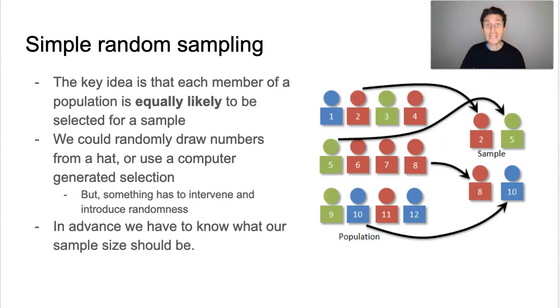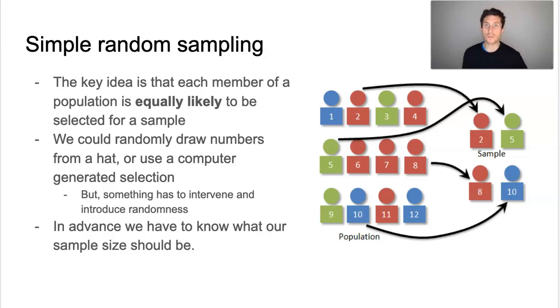All right, so in its simplest form, random sampling simply means that we're going to select a population subset such that any member of the population is equally likely to be a part of the sample. So we can think about this as maybe the simple techniques that we remember using as a kid: drawing numbers from a hat, maybe drawing straws.